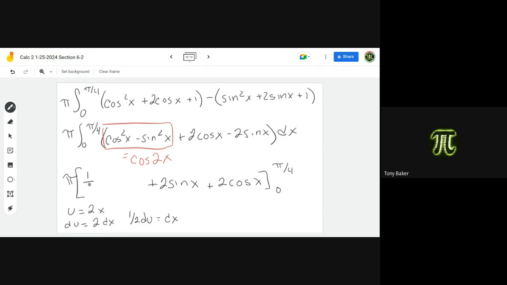So I end up getting 1/2 sine 2x. Wait, so we got the 1/2 from the derivative out there, and then you just took the integral of cosine? Yep, which is sine. And then the u gets plugged back in.